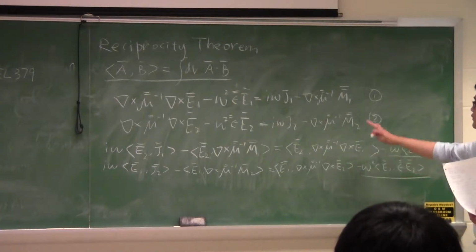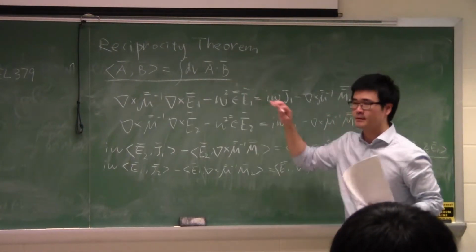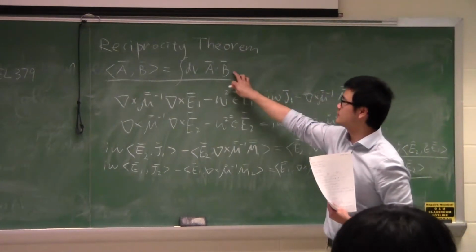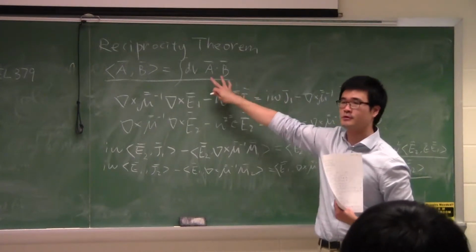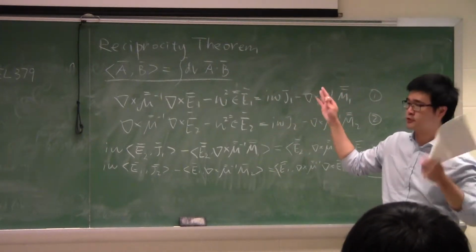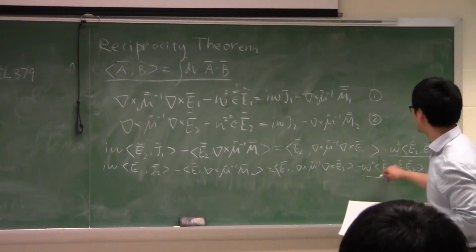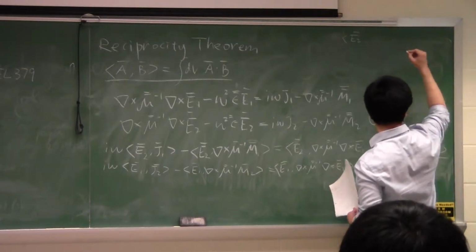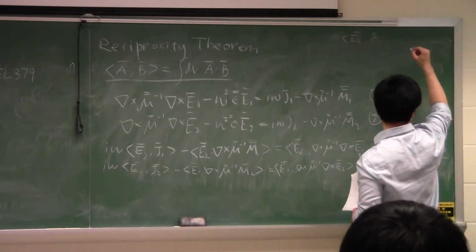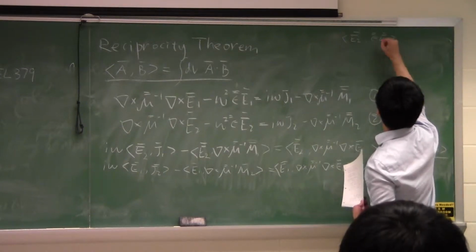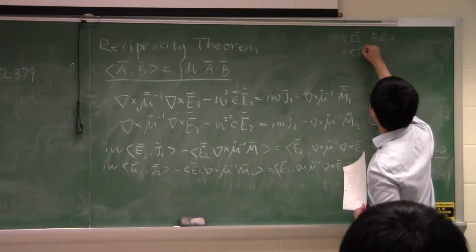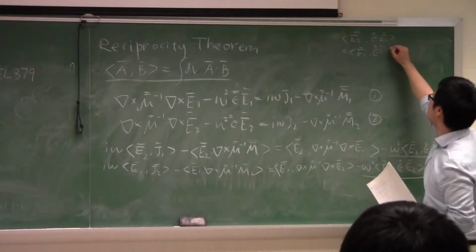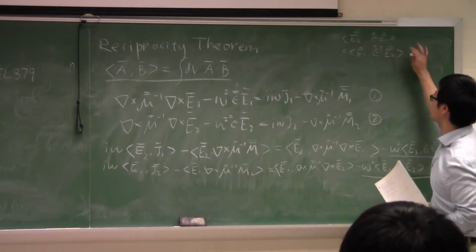We know that this inner product is like a row vector times a column vector, so the inner product is a scalar, and a scalar equals its own transpose. So E2 inner product with epsilon E1 should be the same as E1 inner product with the transpose of epsilon times E2, because this is a scalar.